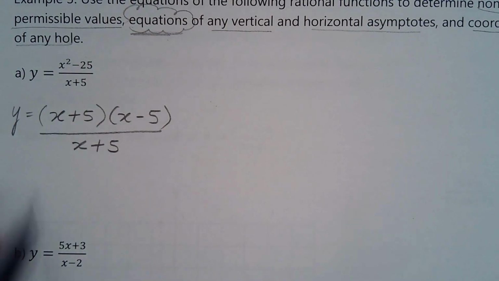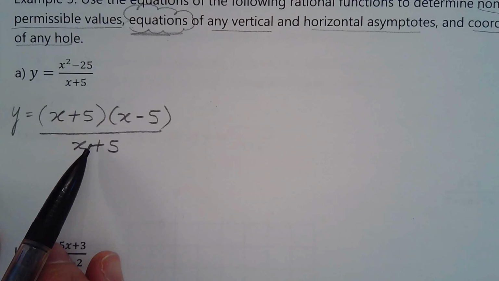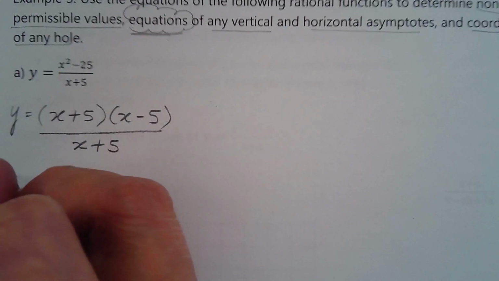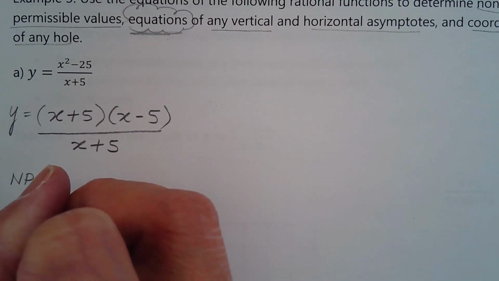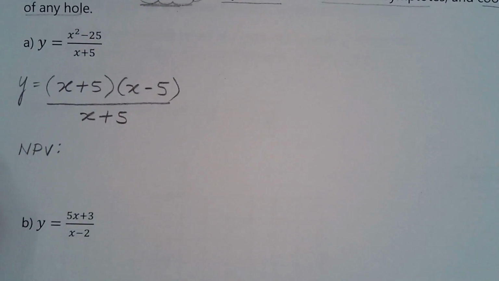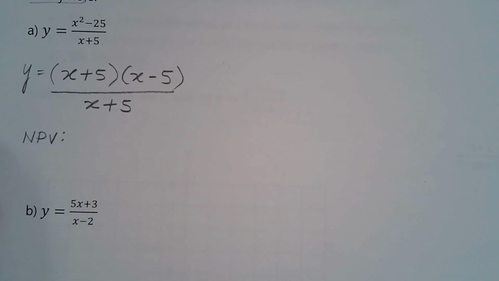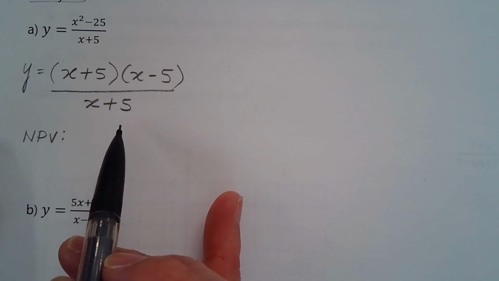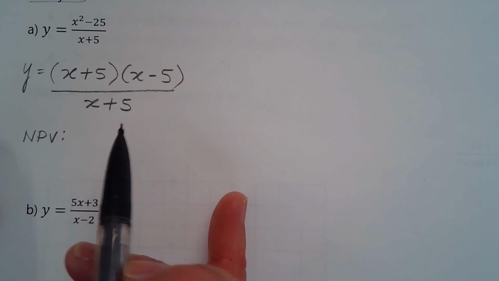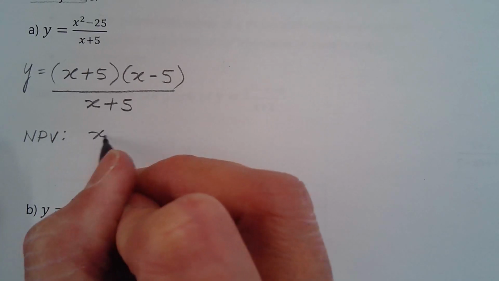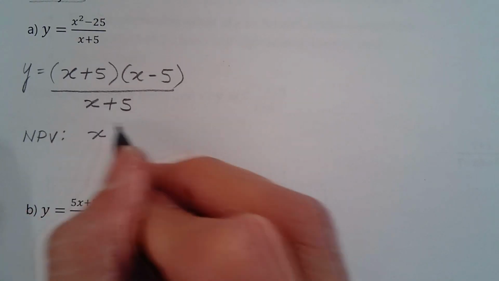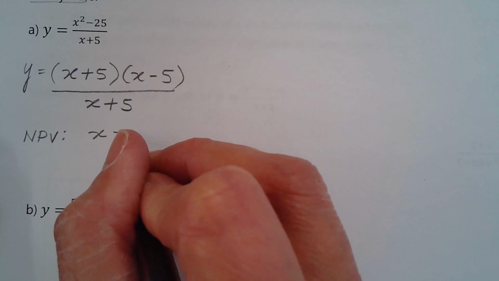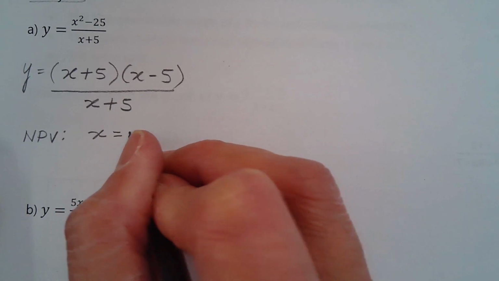So the very first thing is the non-permissible value. What's the non-permissible value in this case? We look at the denominator to figure it out. It's x plus 5, because this can't be 0. So x equals negative 5.